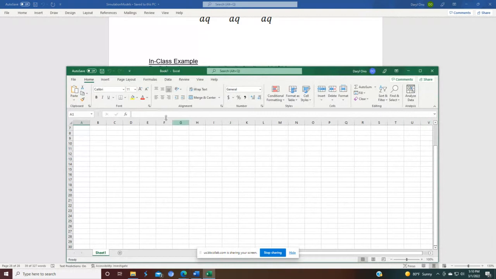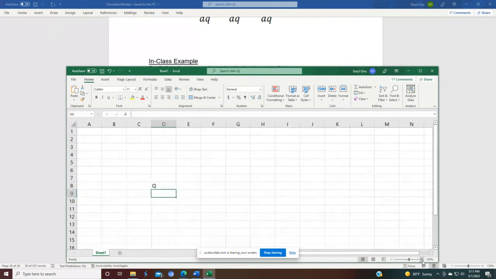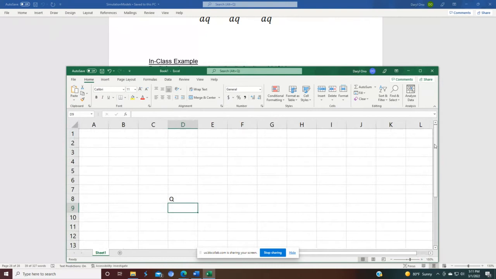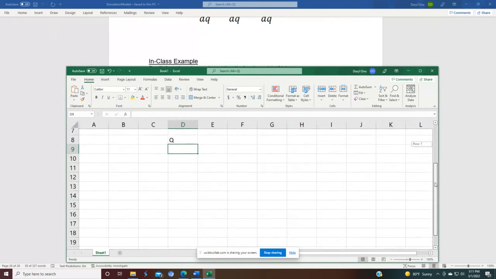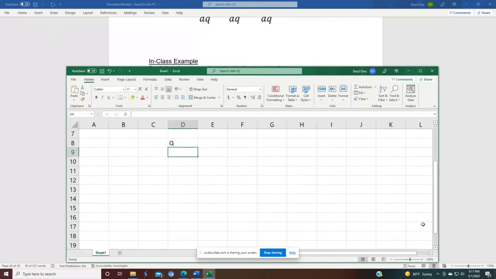Okay, and so hopefully you can see this. But right here, I'm going to have Q. Make this bigger. I'm only going to run it 10 times. Q is going to be the number sold. We know that.